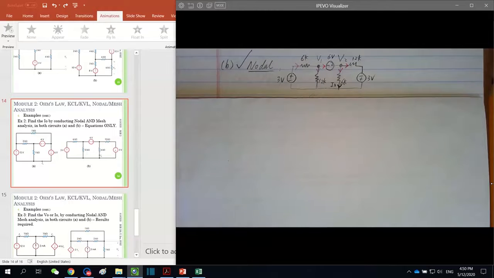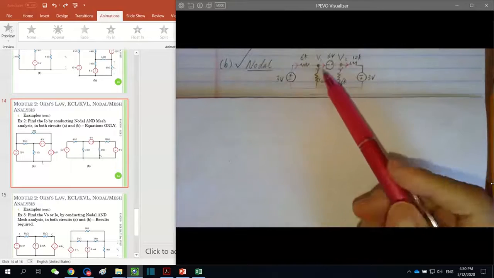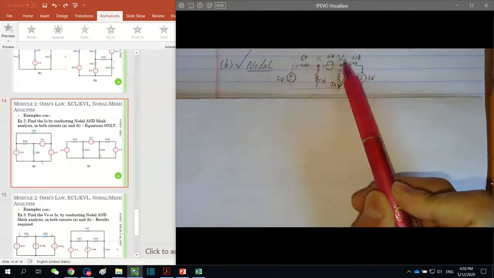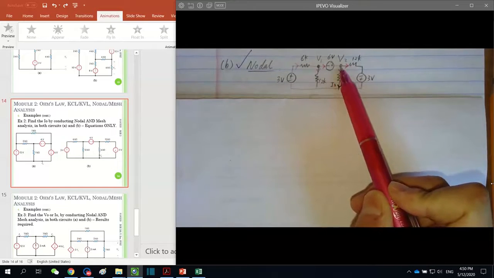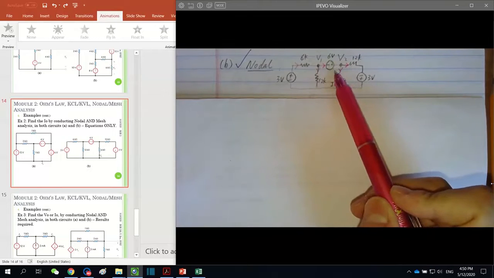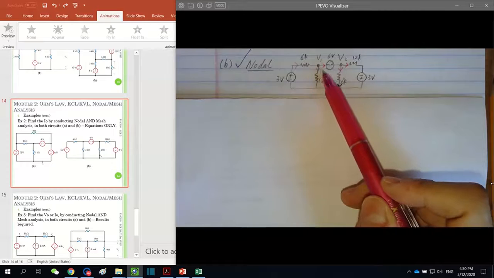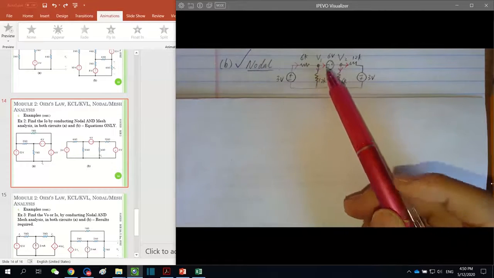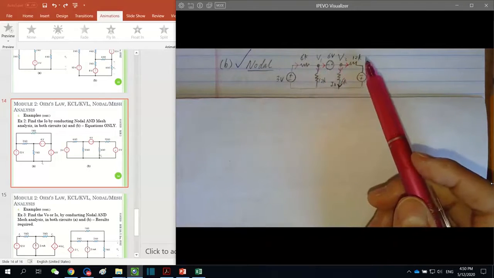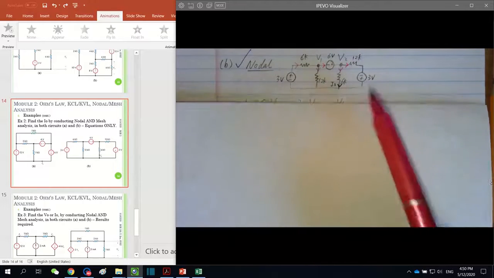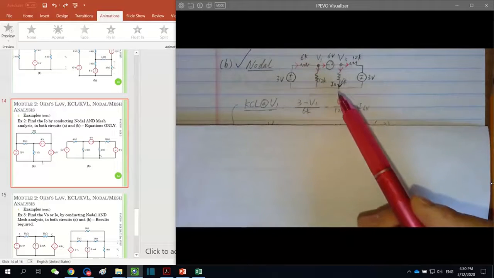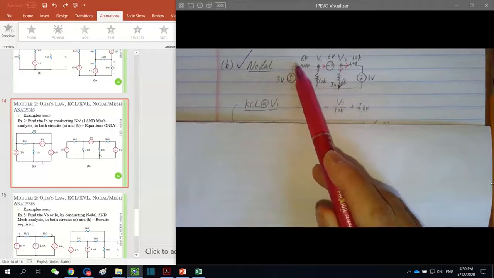So by applying nodal first, we obviously choose V1 and V2 here, 2 nodes, with assumed voltages V1 and V2 respectively. To write KCLs for these 2 nodes, we can use Ohm's law across a resistance. So at V1, we have assumed this current was this direction.